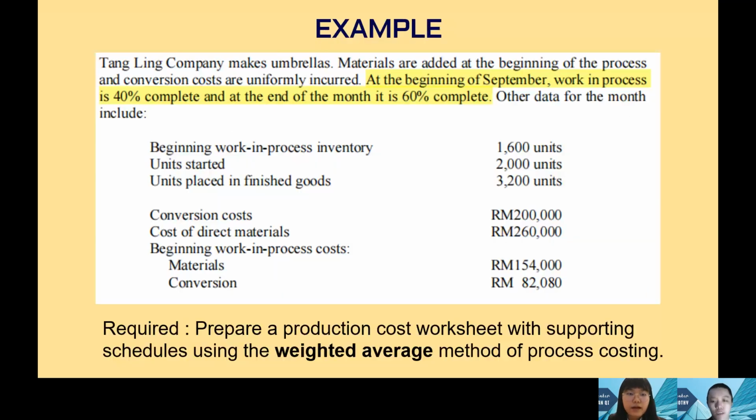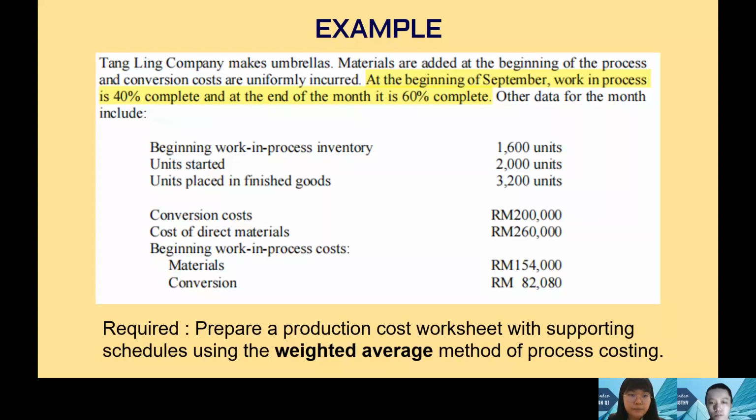So, let's look at this example. Tanglin Company makes umbrellas. Materials are added at the beginning of the process, and conversion costs are uniformly incurred. At the beginning of September, work in process is 40% complete, and at the end of the month, it is 60% complete.